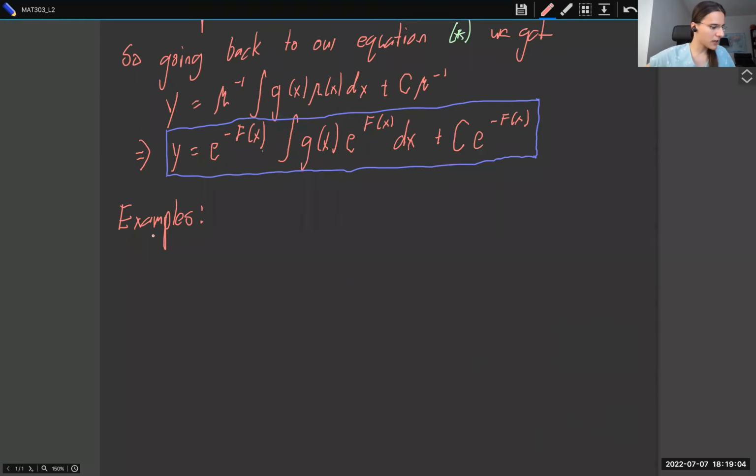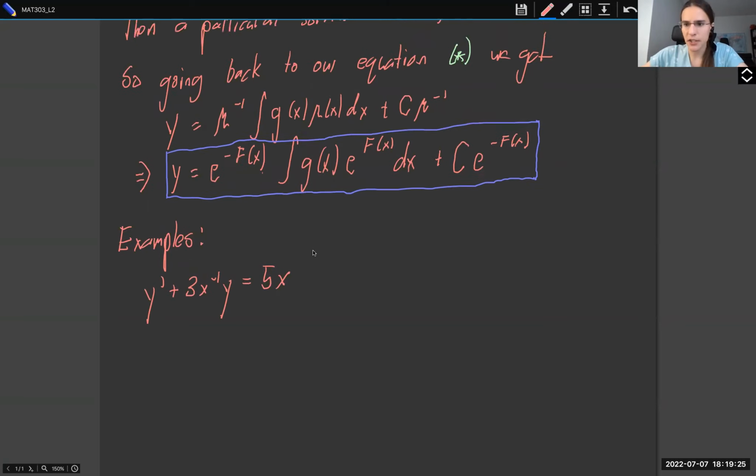So let's consider this equation first. y prime plus 3 times x to the negative first power times y is equal to 5x. And by the way, I do want to emphasize one thing.